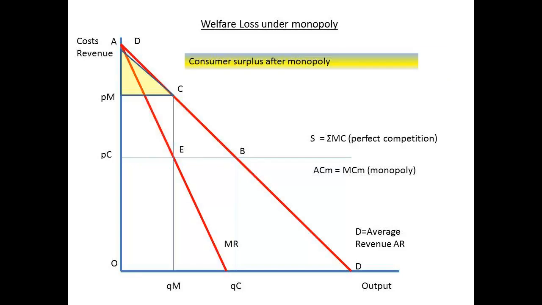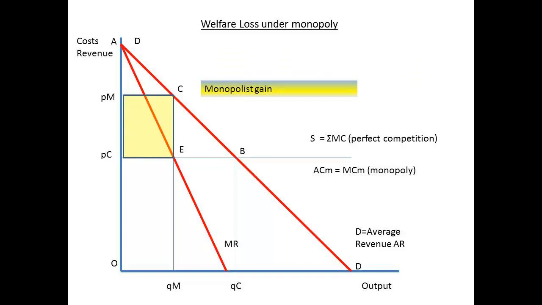To maximize profit, the monopoly produces output OQM at price PM, so the consumer surplus falls. We have shown this by shading the triangle ACPM. The monopolist gains a part of the original consumer surplus, the part being shown by the shaded rectangle PCPMCE.